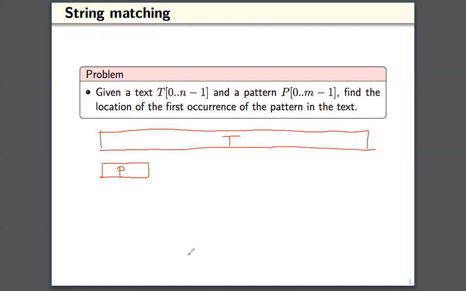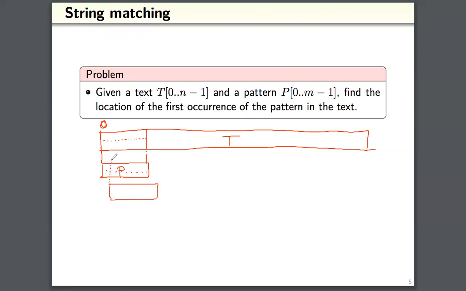What is the idea? Compare all m characters of the pattern with the first m characters of the text. If they match, then say that your first occurrence of the pattern is 0. Else, shift the pattern by 1 unit.